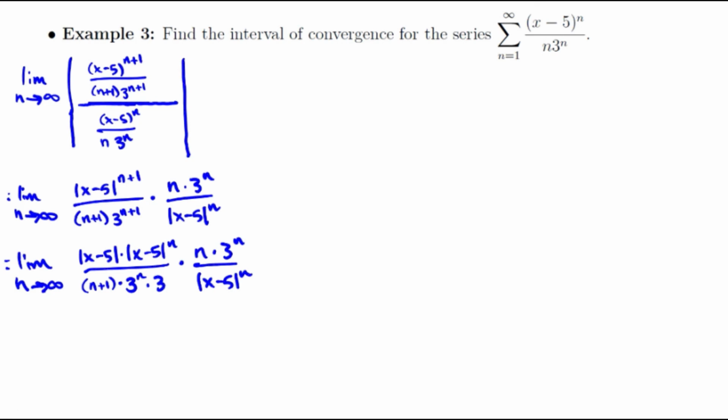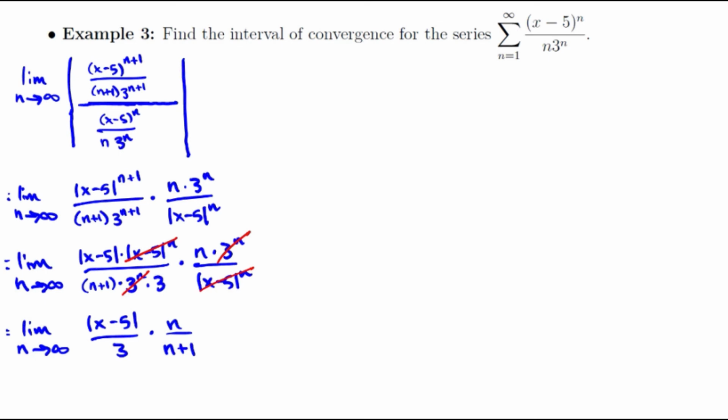So we do get some canceling happening here. Those are going away for me. All right, so let's see what I'm left with. To organize myself, I'm going to gather up the n's and the non-n's and put them together. So this will be the limit as n goes to infinity of x minus 5 over 3 times n over n plus 1.